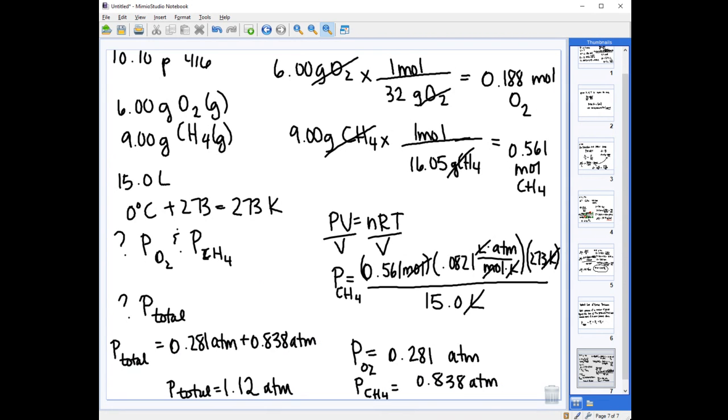You're given masses and you're asked to find these partial pressures and your overall pressure. Remember, we can't plug masses directly into our ideal gas equation. We first have to find moles, and that's what we did. We used our masses to find the moles of each one, used our moles to find our partial pressure of each one, and then using Dalton's law, we just added the partial pressure of oxygen with the partial pressure of methane, and that gives us our total pressure.